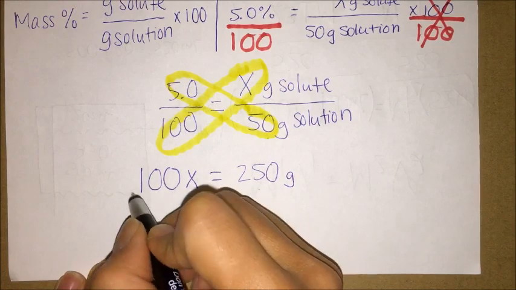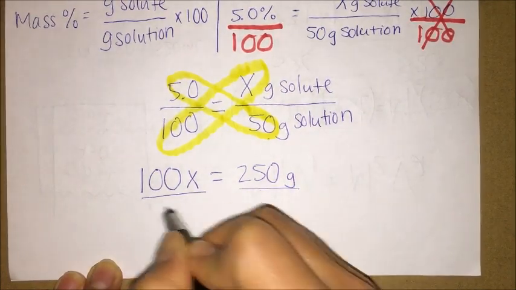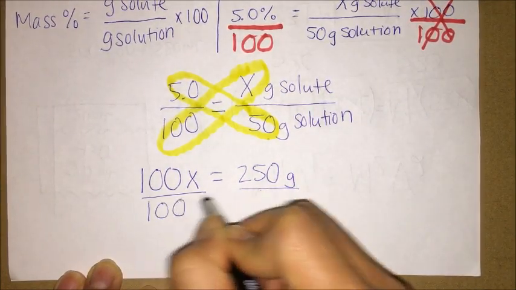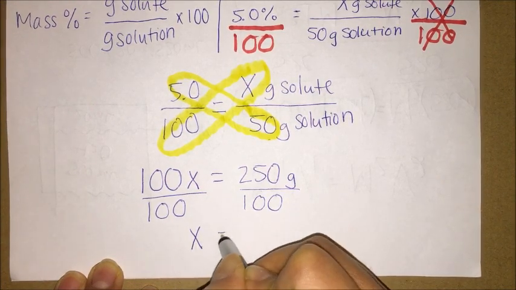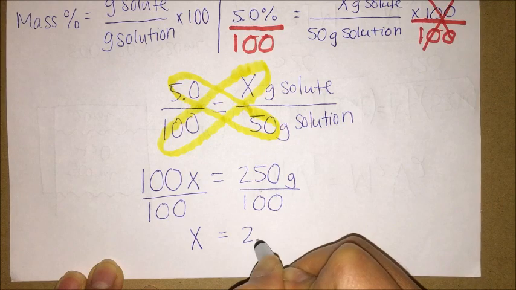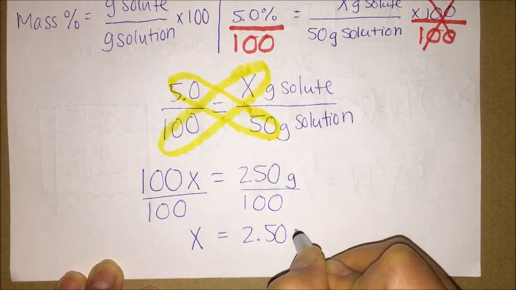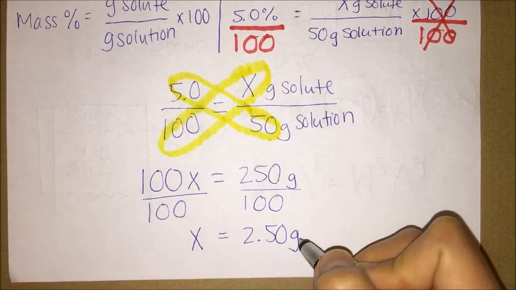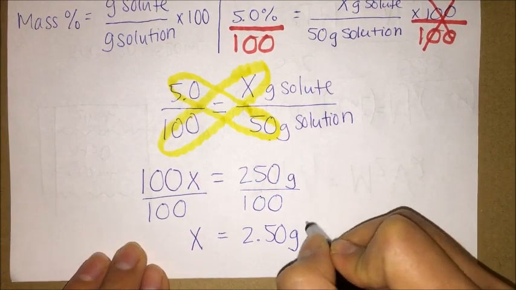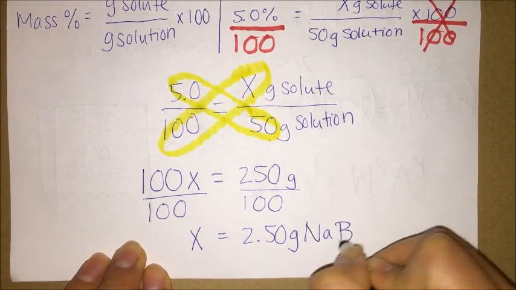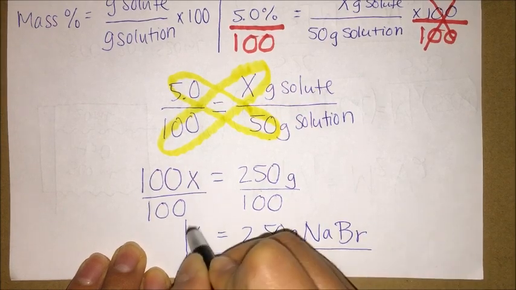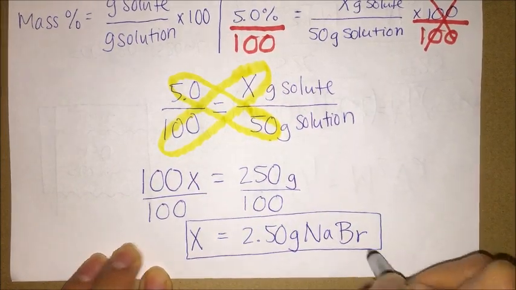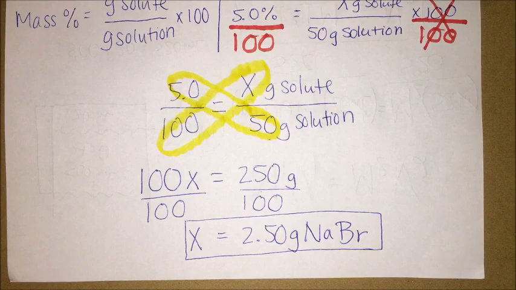Okay, and then to solve for X, you're going to divide both sides by 100. So your X is equal to 2.50 grams of your solute, which is NaBr. And that's it for this problem, because this problem is only asking you for the mass of the solute.